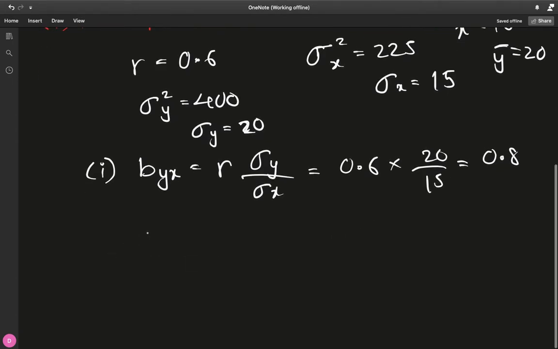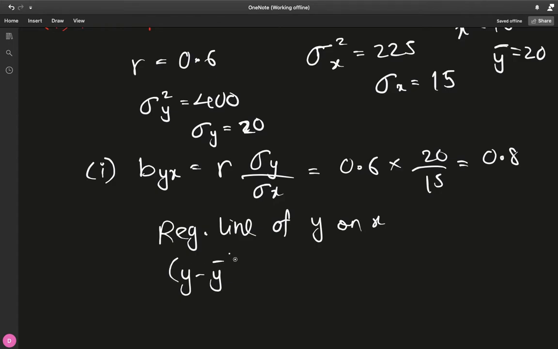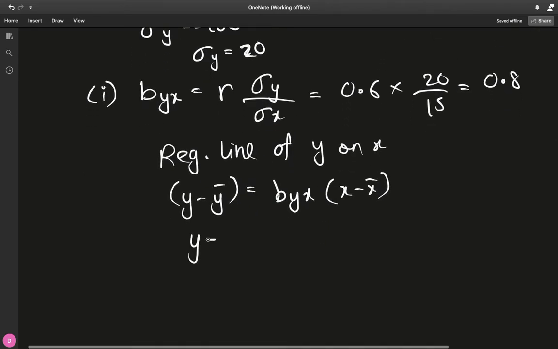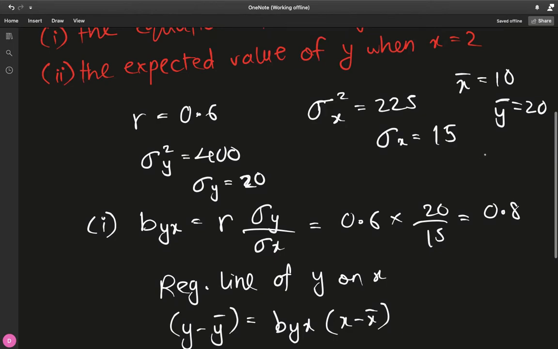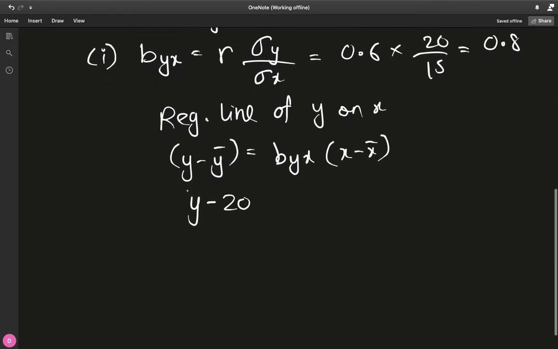Okay, so now using this information, we can find the regression line of y on x. The formula for that is y minus y dash is equal to byx times x minus x dash. So y is the variable, y minus y dash is 20, we know that, mean of y, is equal to, we calculated byx to be 0.8 times x minus mean of x is 10.